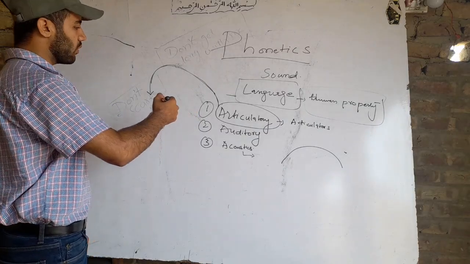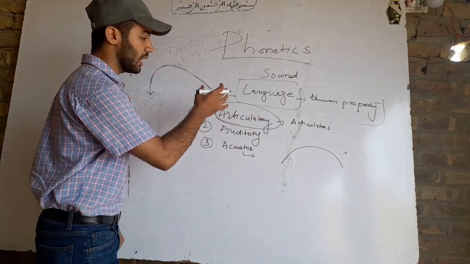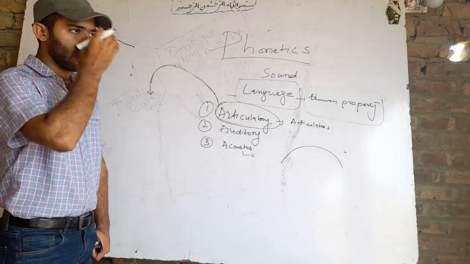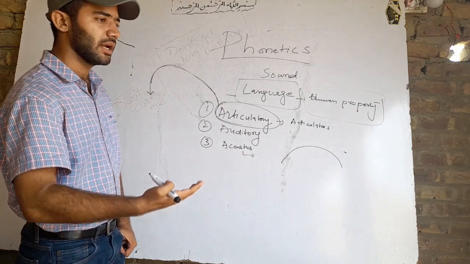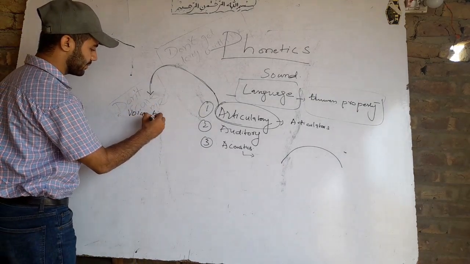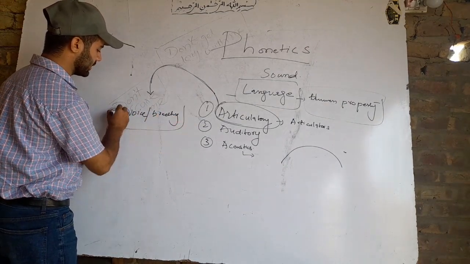So coming towards the core field of phonetics, which is articulatory phonetics, basically we study how we produce the sound. Before this, I will try to tell you a concept: voice production and breathing both run parallel.